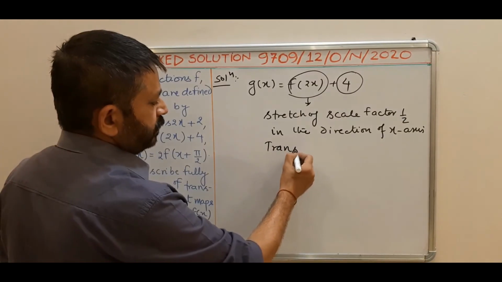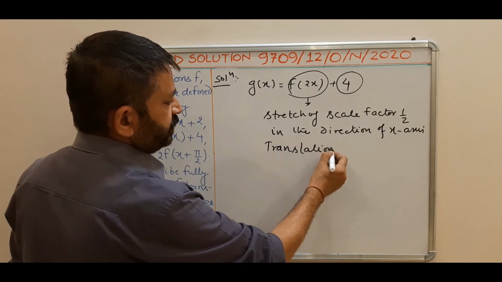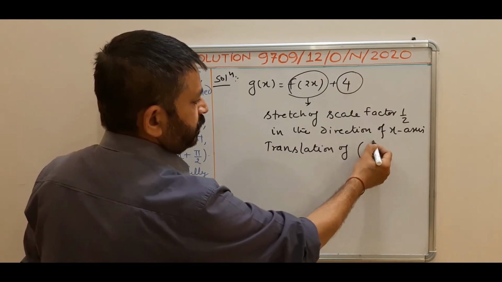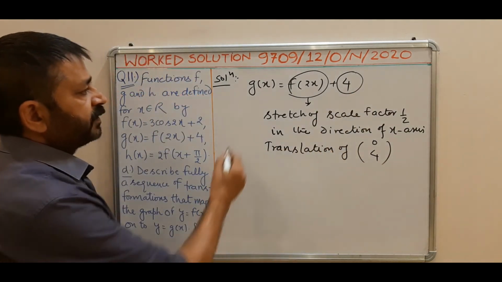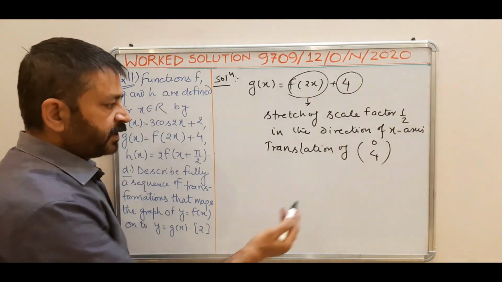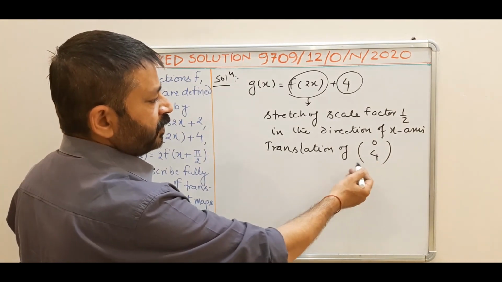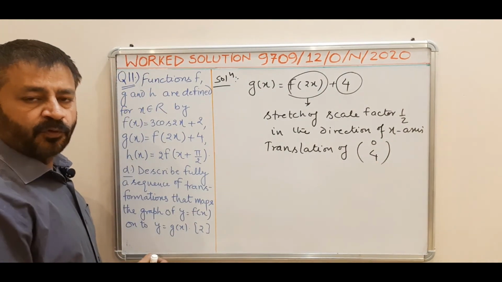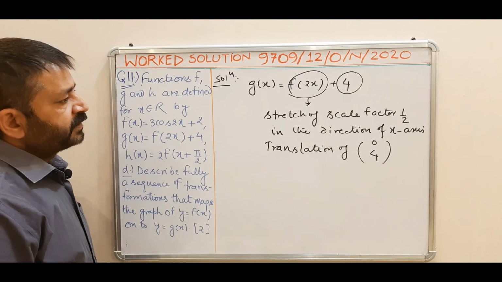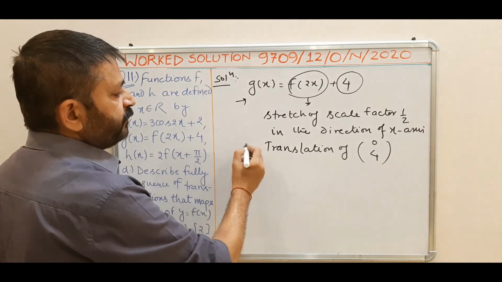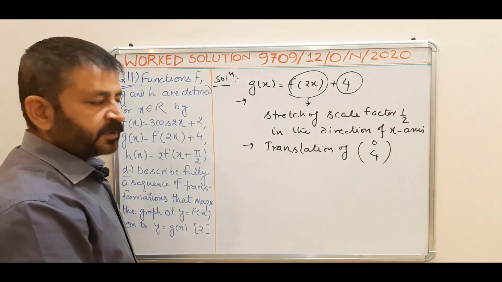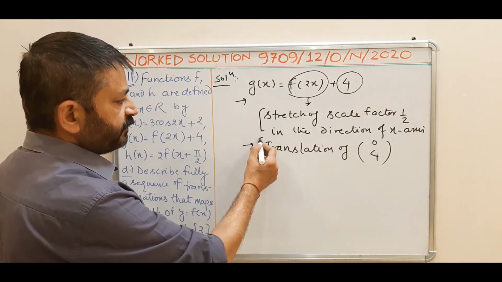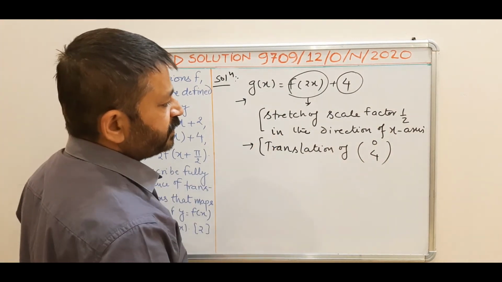So translation of 0, 4, because this is a shift along y-axis. So we can write it as translation of 0, 4 or translation of 4 units along y-axis. So you need to give 2 points because it's for 2 marks. So 2 types of transformation will be there. One is a stretch and the other one is translation of vector 0, 4.